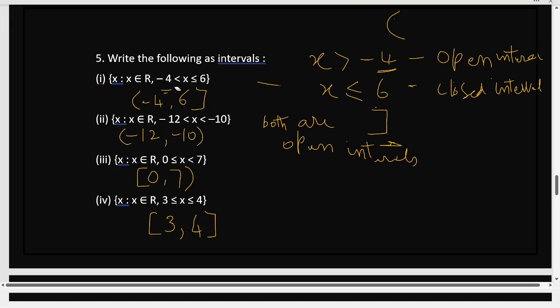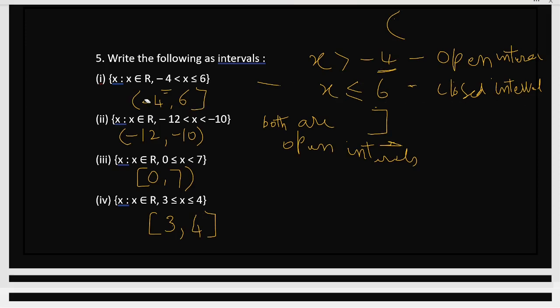Minus 4 is less than x, that means this is an open interval, so parenthesis at minus 4. And x is less than or equal to 6, that means 6 is included, so square bracket. This end is open interval and this end is closed interval.